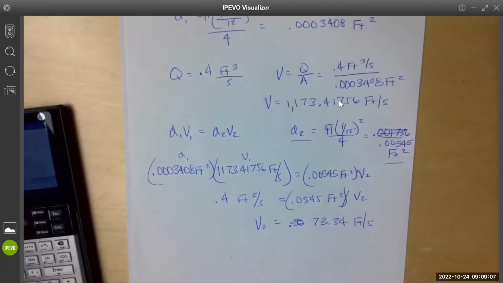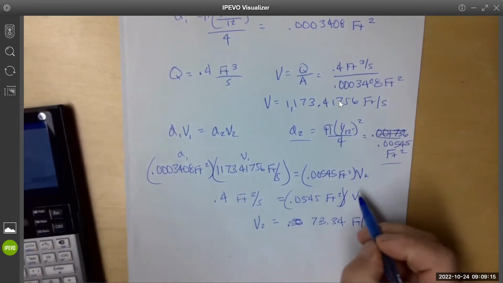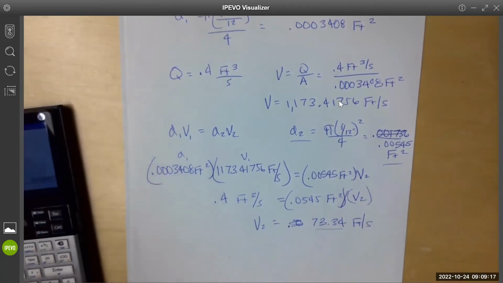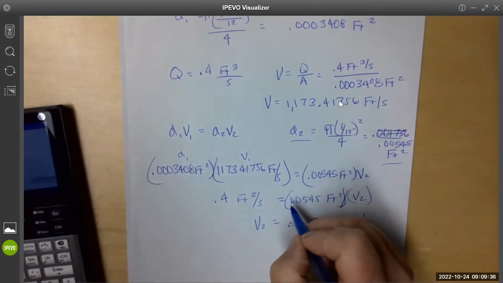I'm not sure I agree with that number. I didn't run it. 0.4. The second line that you wrote, you dropped a 0, so 0.00545. Ah, there it is. Thanks.